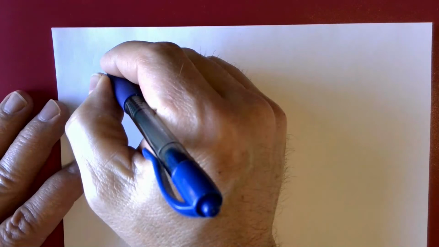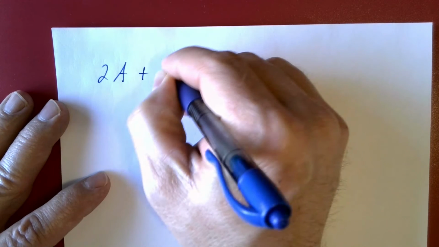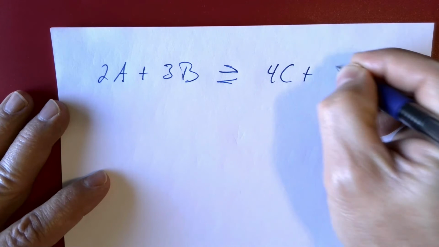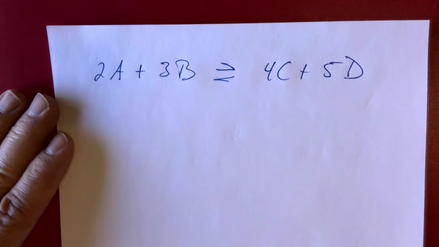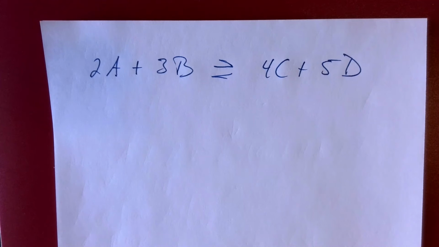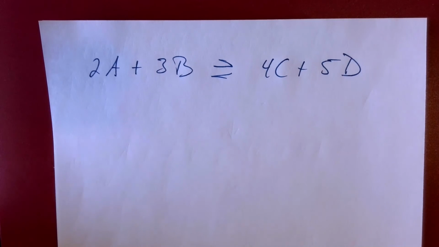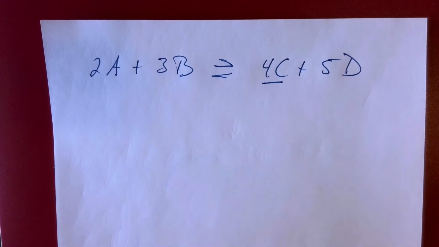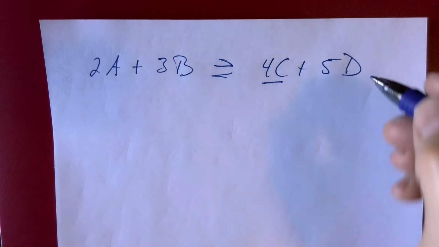So if I say I've got 2A plus 3B, and I'm in equilibrium with 4C plus 5D. Okay, let's say this is my reaction, right? Now, let's say I'm in business and my business is making C. I sell C. D would be a byproduct.